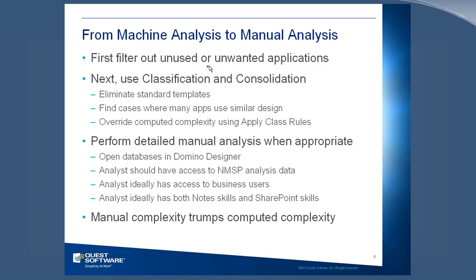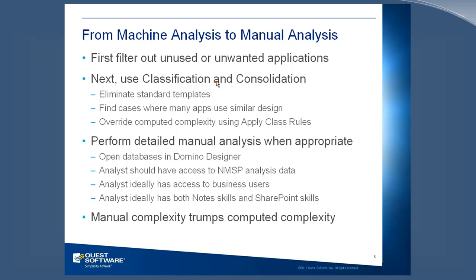So the first thing is just to figure out what you don't want. In particular, we'll talk a little later about how you're going to look at what applications haven't been used in a while, or the business says we don't really need this one, or maybe in some cases we're going to decide to archive it instead of migrating the design. And that will leave you with still a lot of databases that have only the machine complexity assigned.